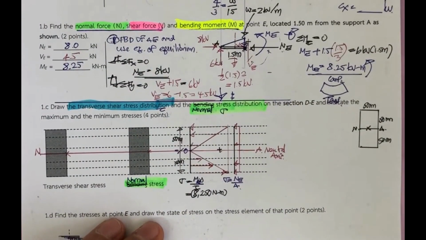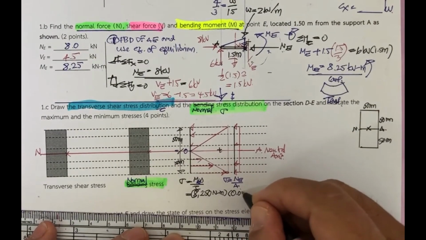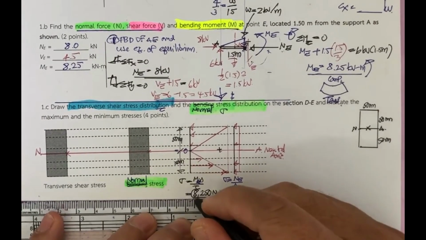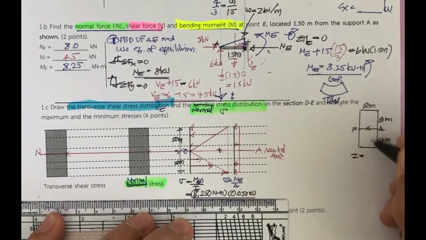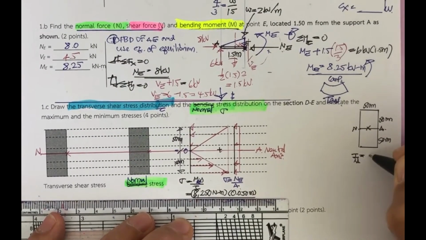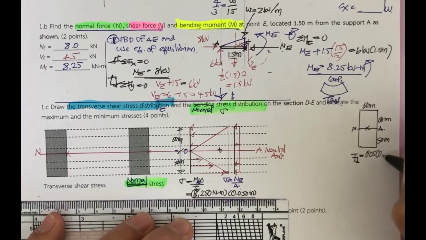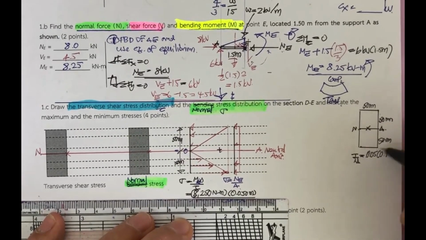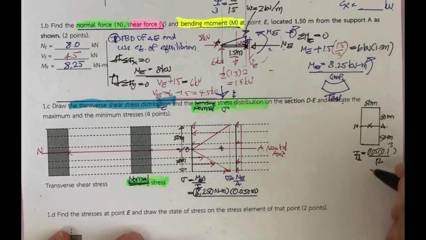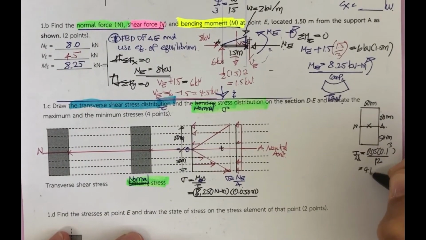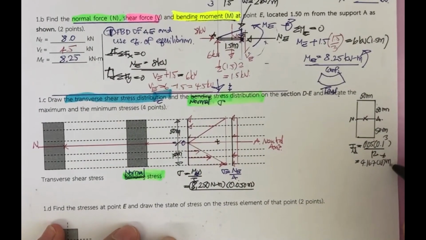So what we have now is just put this into the equation, 0.050 meter, and then we have the I. I sub NA is going to be 0.05 times 0.1, 100 millimeter cubed, divided by 12. If you put this into the calculator, this is going to be 4.167 times 10 to the minus 6 meter to the power 4.